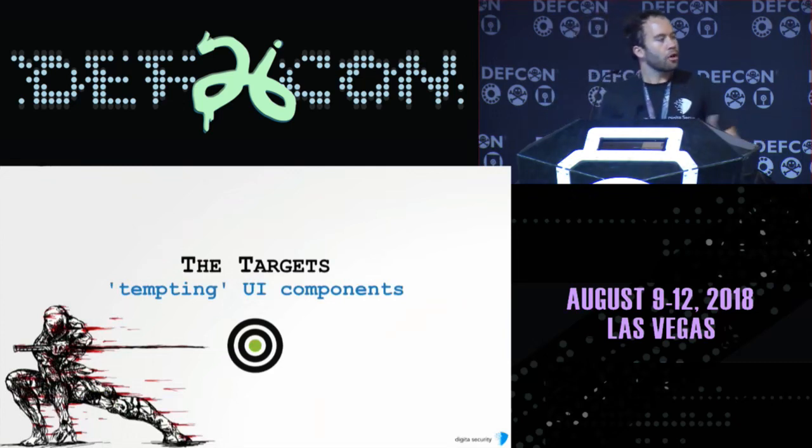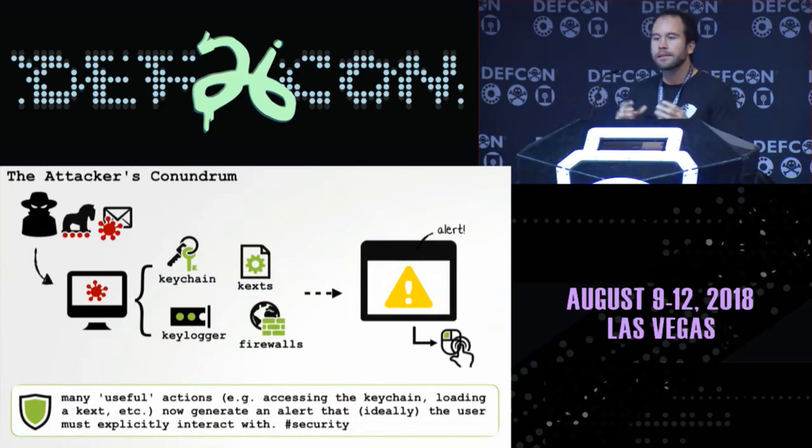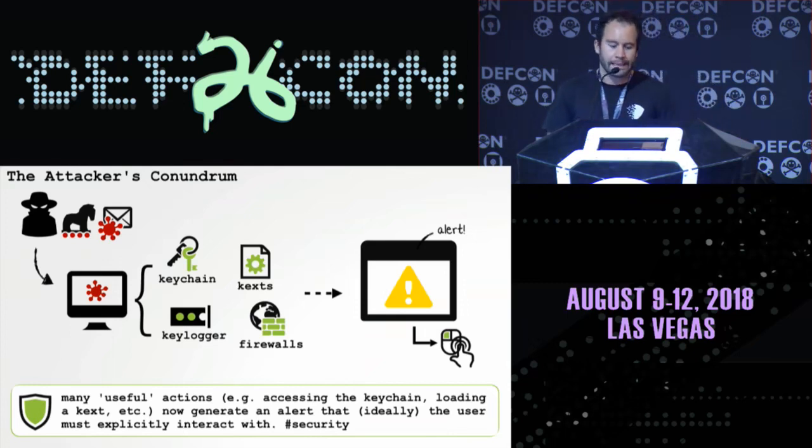Okay, so let's start by looking at user interfaces, UI components of macOS that attackers or malware may seek to interact with via synthetic events. So first, here's the attacker's conundrum. Let's assume an attacker or piece of malware has somehow gotten onto an end system, a Mac computer, perhaps via a malicious email attachment, a Trojan, a zero-day, or even an evil maid attack.